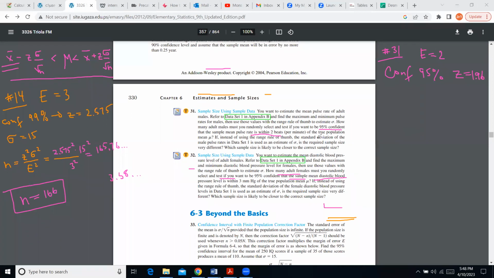What is the standard deviation that I need to take? Because they don't really have it here. And looks like they didn't give it to us here either. So that's kind of odd. They say use the rule of thumb, but the question is, what is the sample? We don't have the sample.